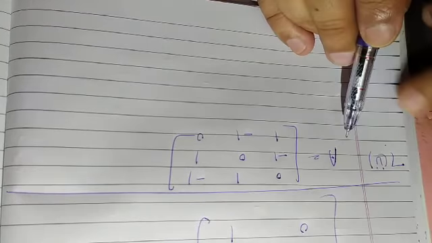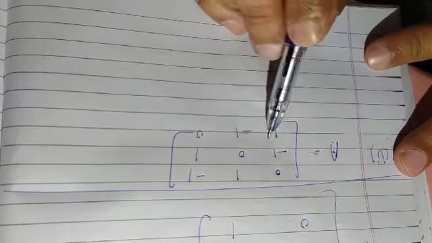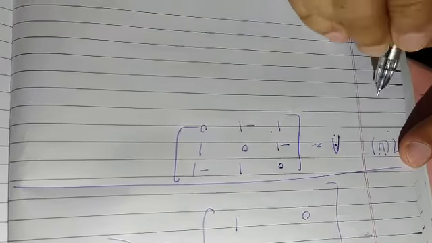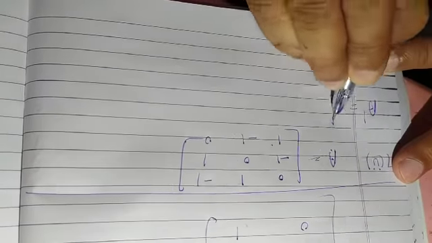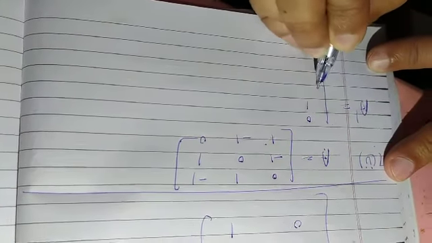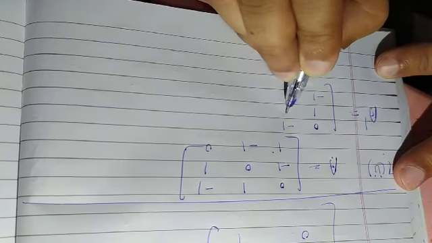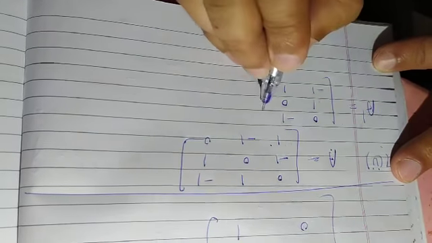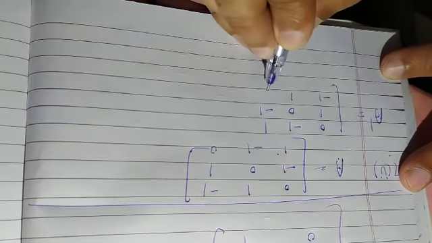Seventh question, second part. Show that matrix A is skew symmetric. Then the transpose of matrix A is 0, 1, minus 1, minus 1, 0, 1, 1, minus 1, 0.